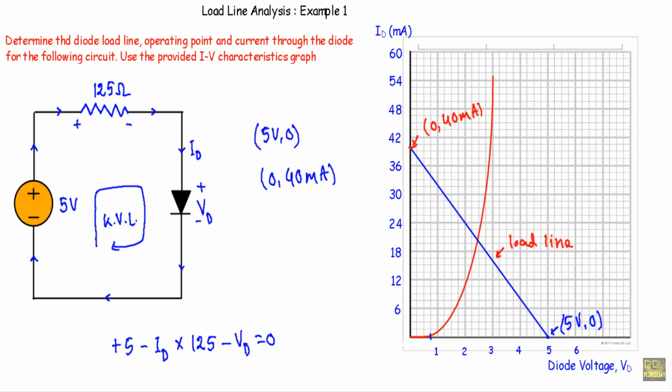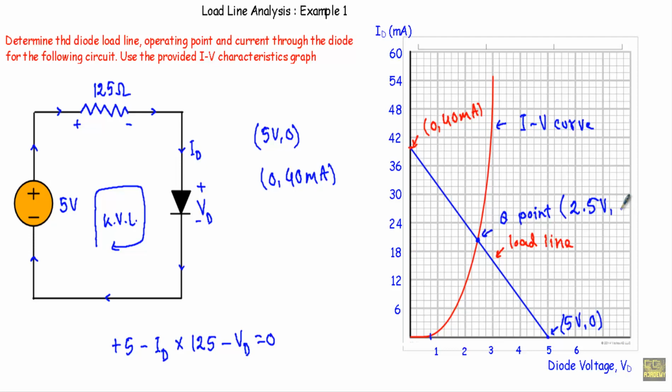And here you will see the diode load line will intersect the IV curve at this point, and the intersection of the load line and IV curve will give us the operating point or Q point. Here it will have a coordinate of around 2.5 volt and a current of, see, this is 18, 19.5, 21.